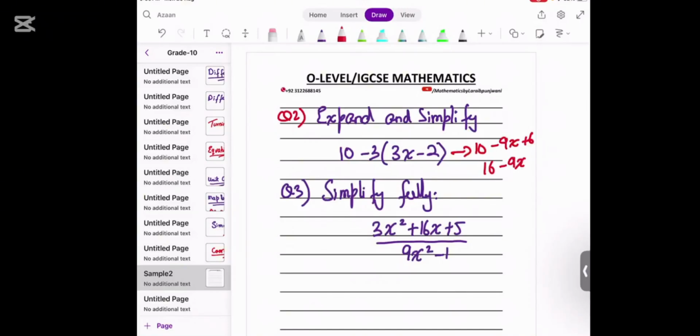Yes, I got 16 minus 9x. Can you explain? Minus 3 multiplied by this gives minus 9x. Minus 3 multiplied by this gives positive 6x. 10 plus 6 will be 16. That's it. 16 minus 9x.